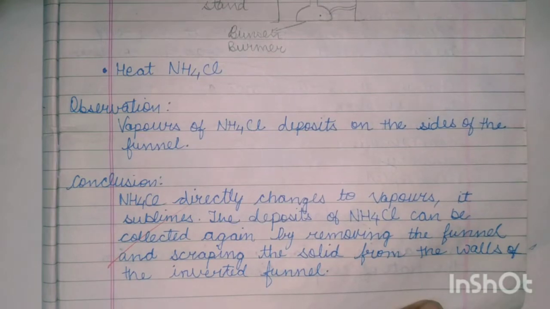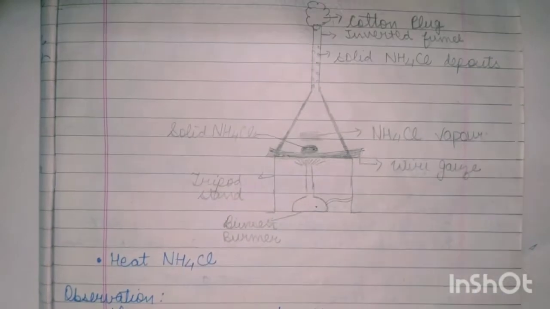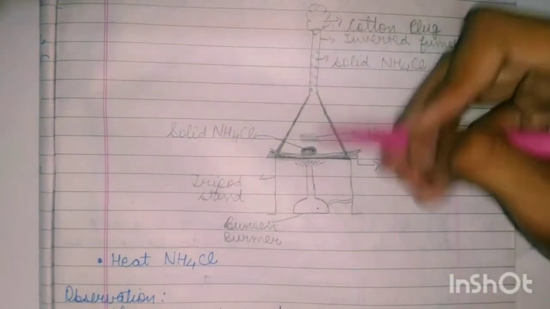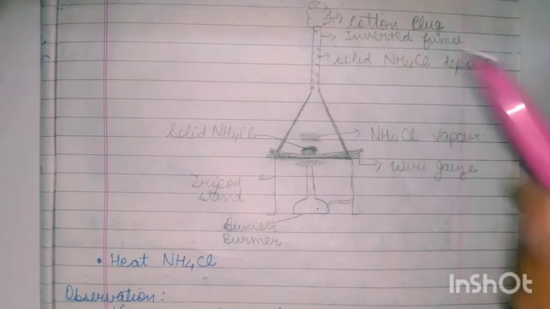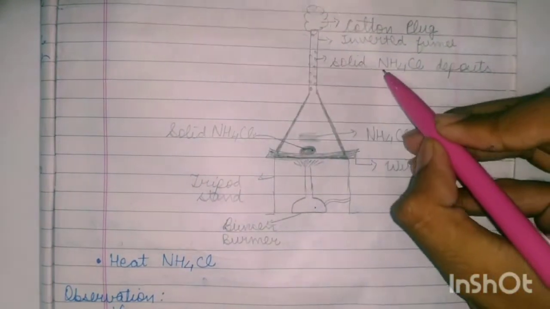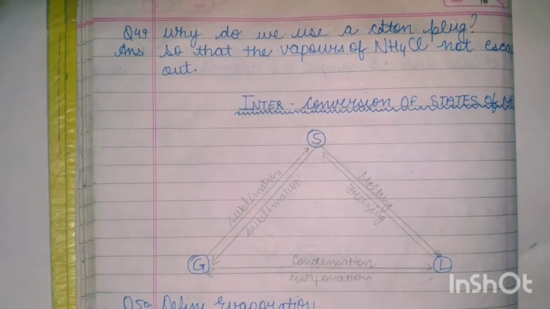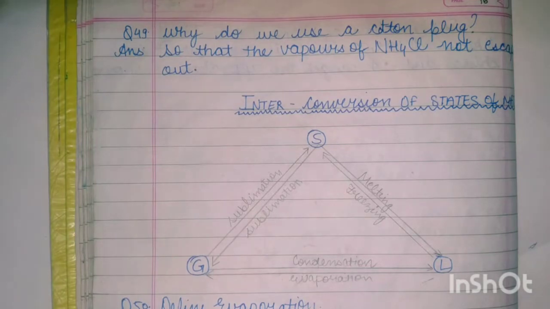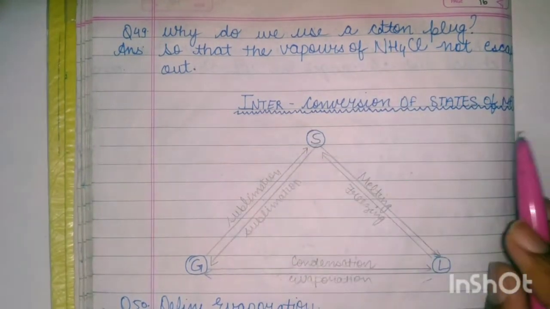We will scrape the solid from the walls of the inverted funnel. What do you mean by scraping? You will remove it with the help of a spoon or anything, and then you will get solid NH4Cl again. Now you might be wondering why we use a cotton plug at the top of the apparatus. Because vapors of NH4Cl do not escape out.